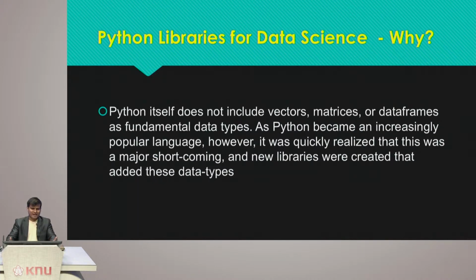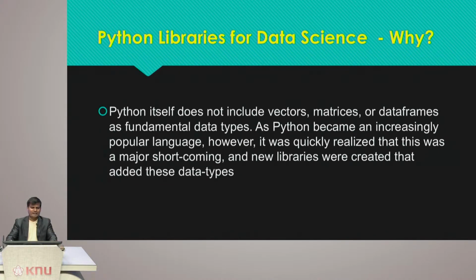Before we go on to the Python libraries, why do we need these Python libraries? Well, Python itself is a good programming language and it's becoming very popular. Unlike other programming languages like C++ or Java, Python has been getting full support from all the volunteers, experts, programmers, and developers around the world.